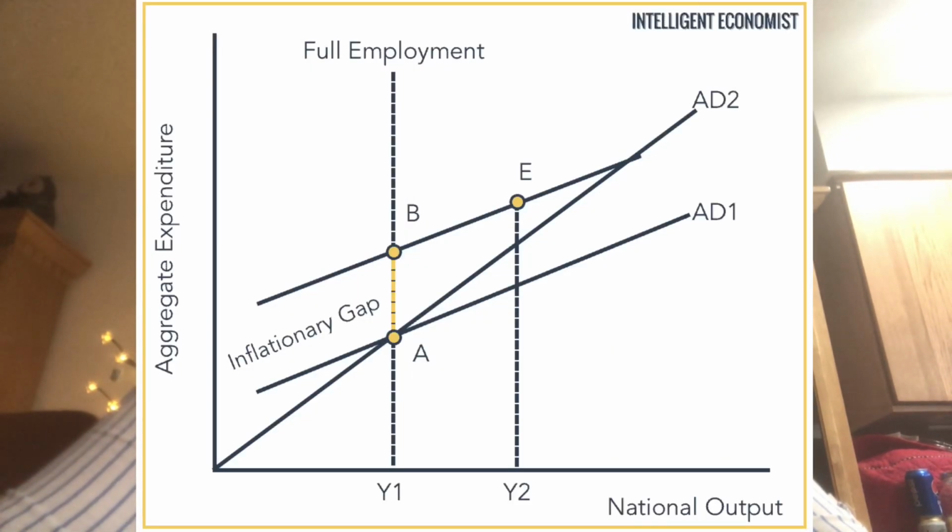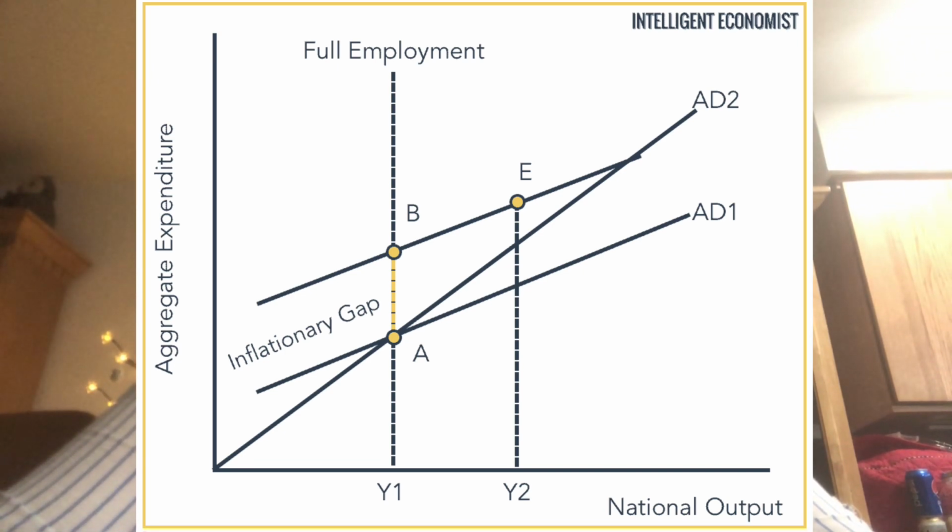However, the aggregate weekly demand for widgets is 15,000. This means that there's an inflationary gap of 5,000, because it is 15,000 minus 10,000, and so the gap is 5,000. The aggregate demand for those widgets is higher than the full employment real GDP.